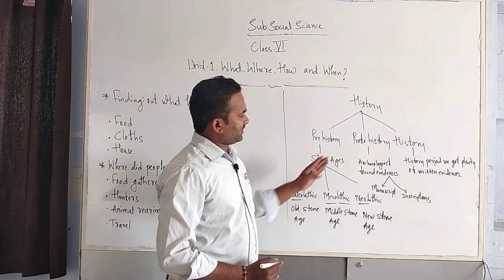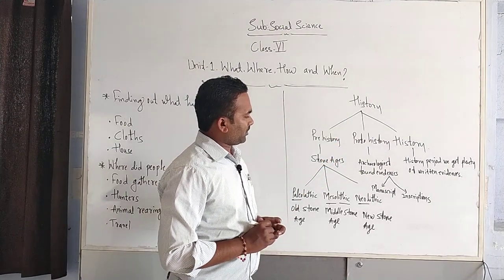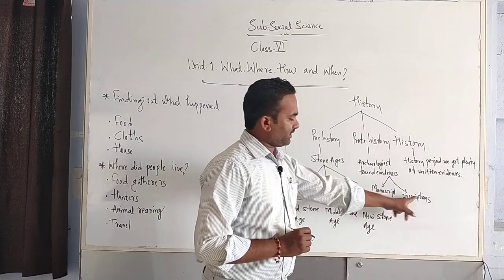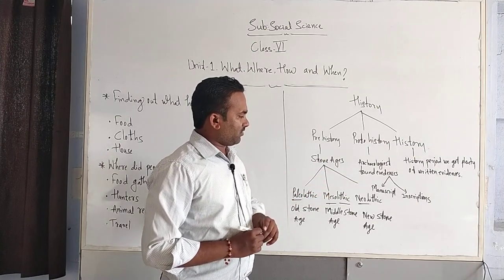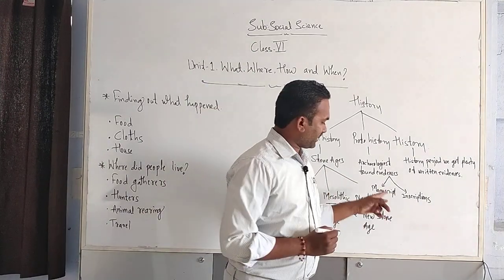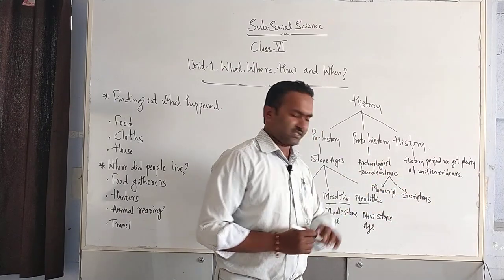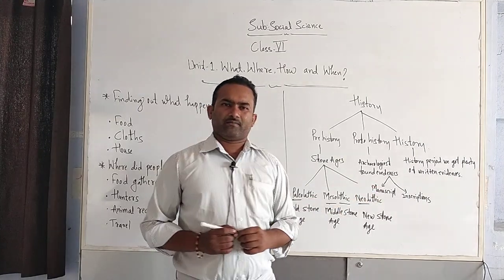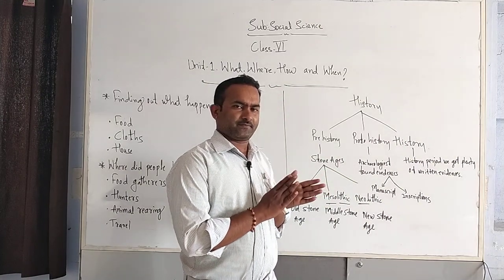Next is proto-history. What things can we study in proto-history? In proto-history we can study manuscripts and inscriptions. Let's say what is a manuscript. A manuscript is written on palm leaf.